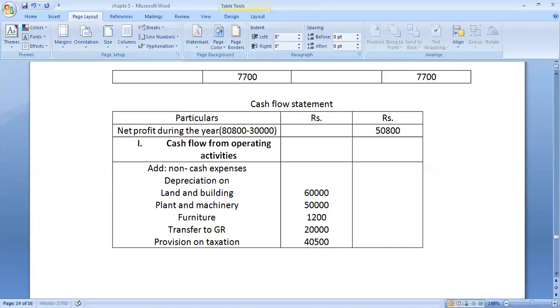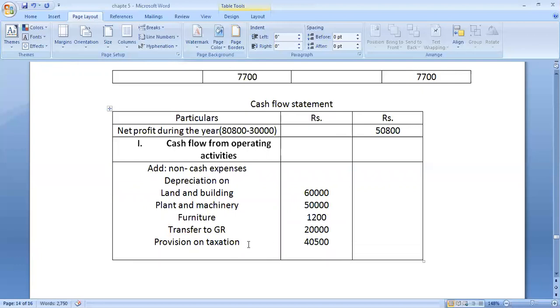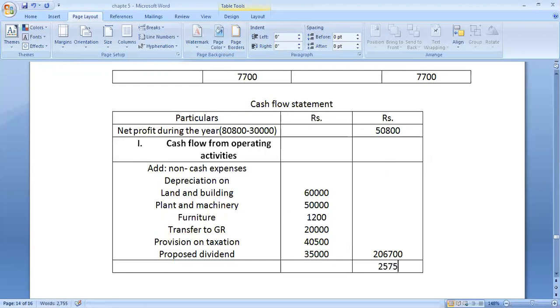So 40,500. Also take the proposed dividend. What is the value of proposed dividend? It is 35,000. Together it is 2,06,700. Okay. So the total of this becomes 2,57,500.